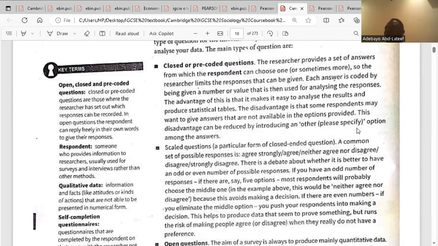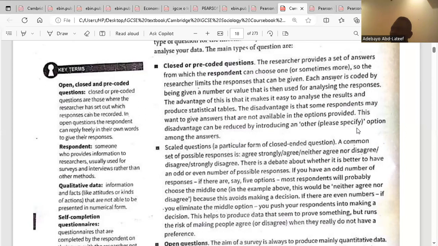Another type is where the answers are like, do you agree strongly or disagree strongly? They are closed questions too, but they are scaled. Your answers will be weighed and measured. It's not just a yes or no, it's how big or how small your answer is.